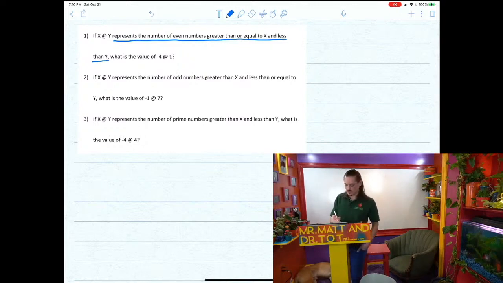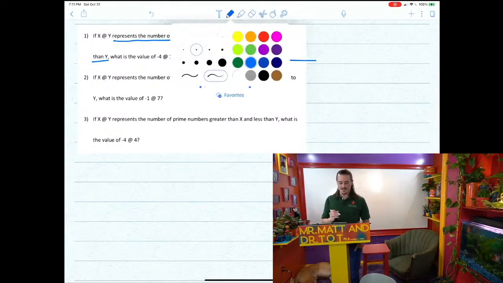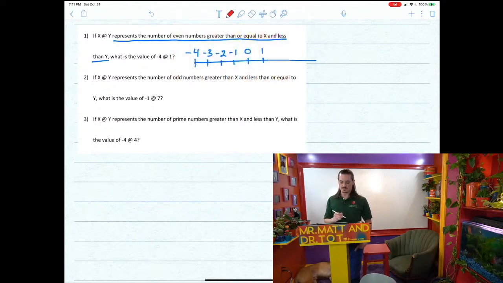So I'm going to first start with a number line ranging from -4 all the way up to +1. So -4, -3, -2, -1, 0, and then +1. Now I can't count +1, but I can count -4 because it's greater than or equal to -4.